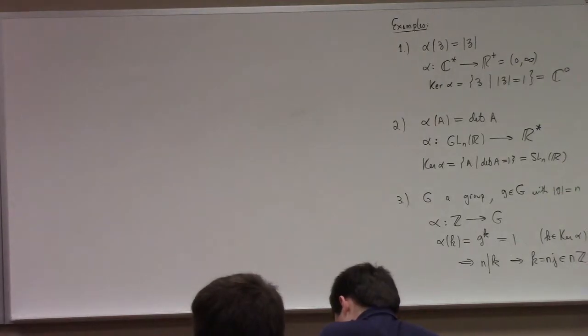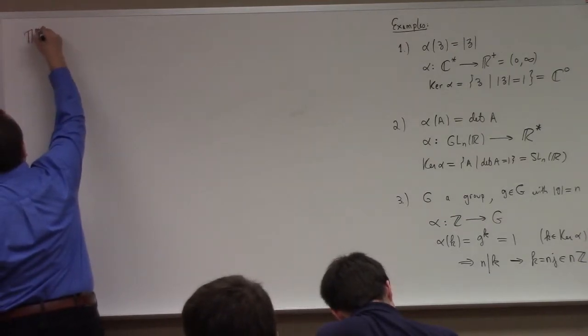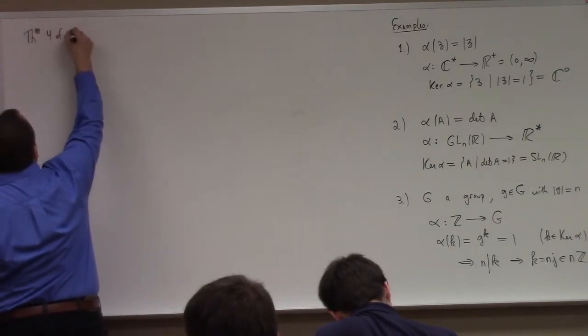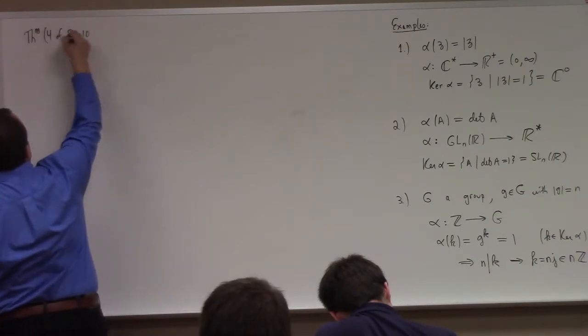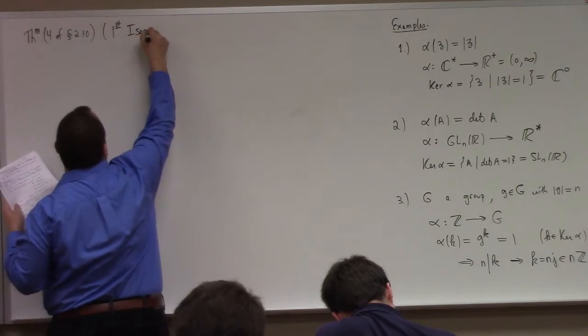So finally, we reach theorem 4. Theorem 3 we covered in a previous class, guys. So this is theorem 4 of section 2.10, which I would call the first isomorphism theorem.